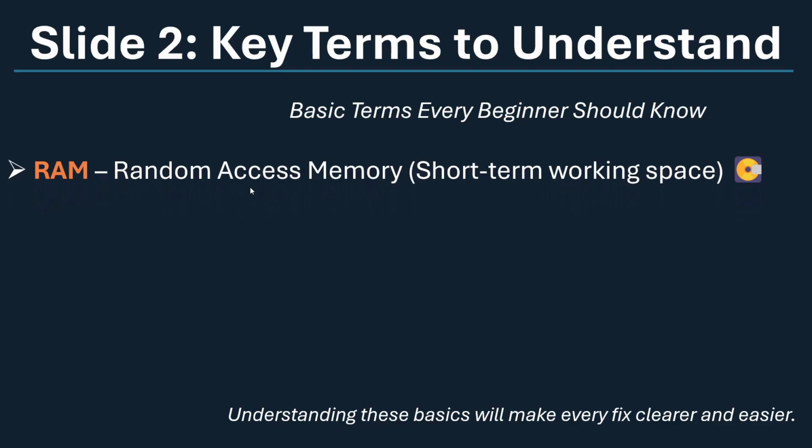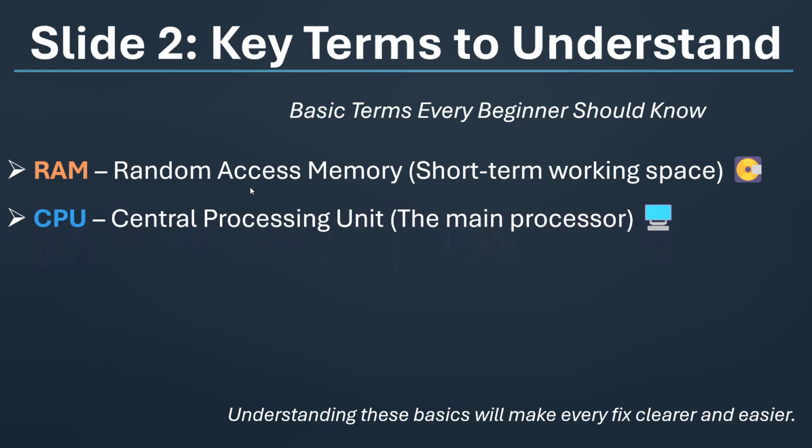This is where your computer temporarily holds the things you are actively using. Next, CPU, Central Processing Unit. This is the part of your computer that makes decisions and processes instructions.